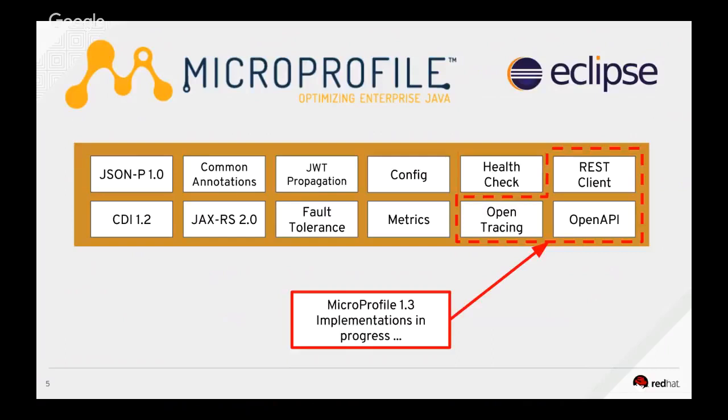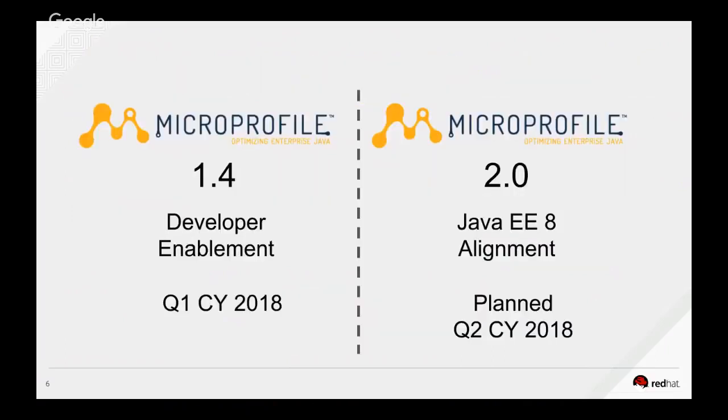So where are we at today? So you've seen the specifications, and we've decided for MicroProfile 1.4, which is the current release that we're working on. 1.3 is what we just finished. We're going to take a pause on features and maybe just do some opportunistic clarifications or maybe a dot release of a specification.